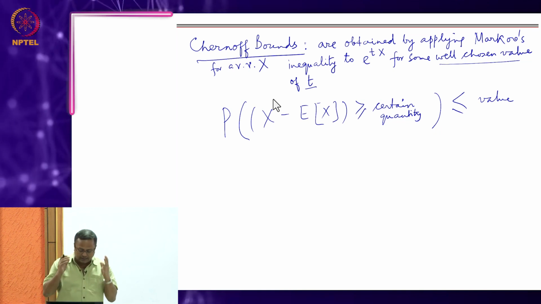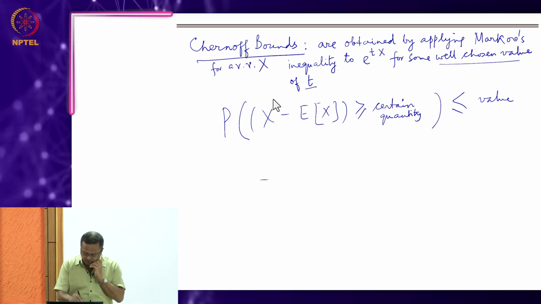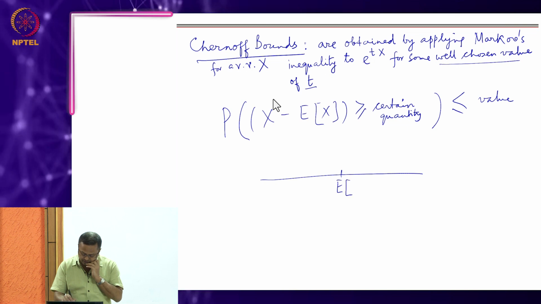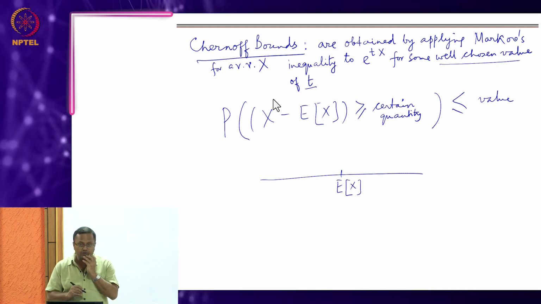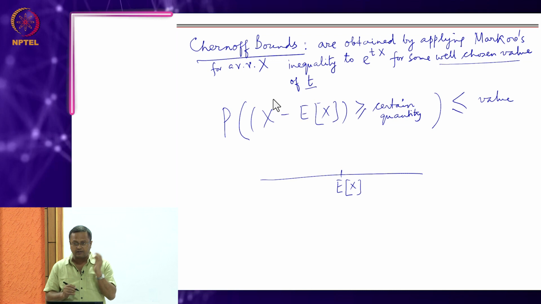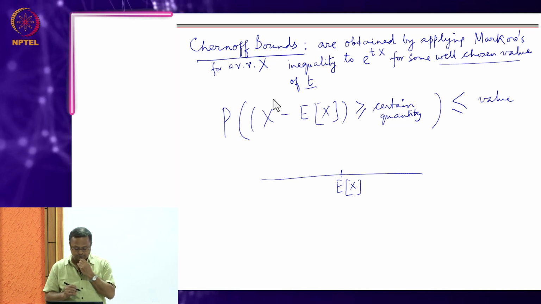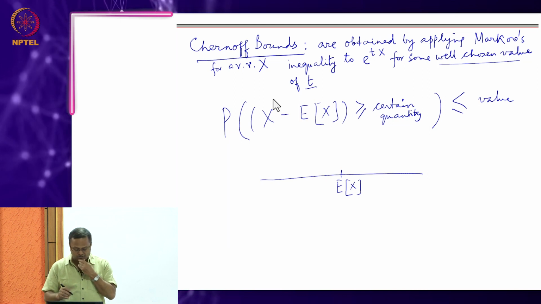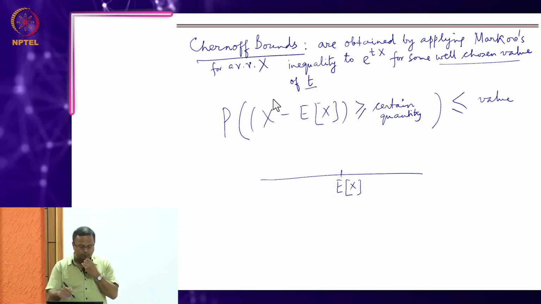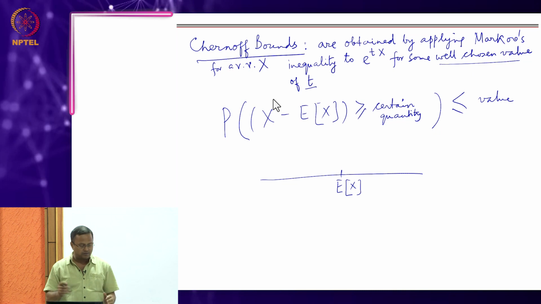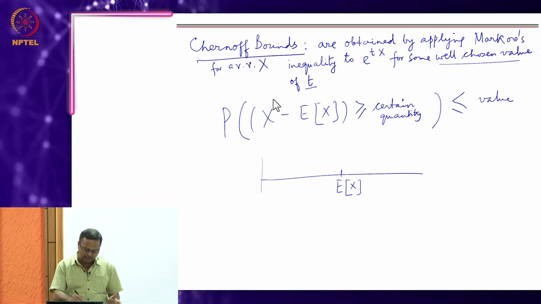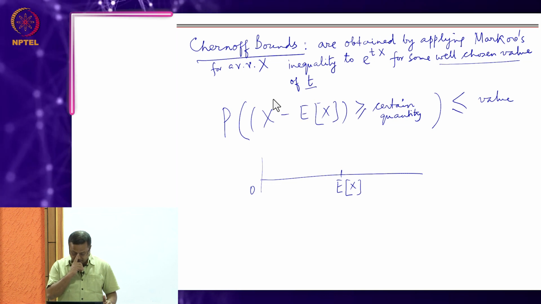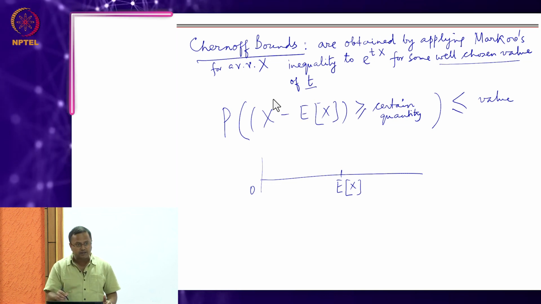So, what is this telling you? You have an expectation, which is a real value, and these are real valued random variables. So, this x minus E[x] is just one side; if you take the modulus, then it is like considering both sides. So, let a be just greater than 0.